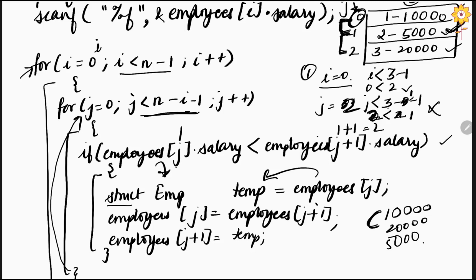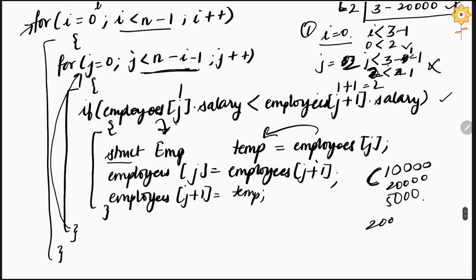These two values will be compared and swapping will take place. So, it will become 20,000, then 10,000, then this 10,000 will be compared in the next iteration with 5,000, but it is already in the right position. So, no swapping will take place, and hence the salaries are now in proper descending order, right.